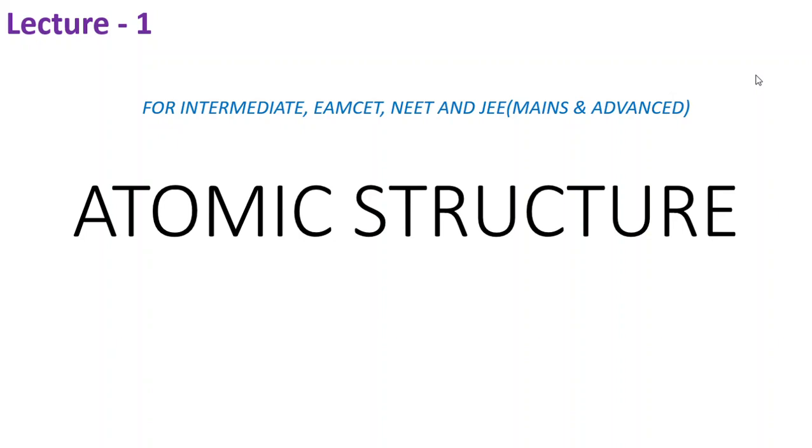From now we're going to start this new chapter, atomic structure. This is a very basic and very fundamental chapter in order to understand the concepts of chemistry. The reason why we need to study this chapter is because this is the fundamental chapter in chemistry.